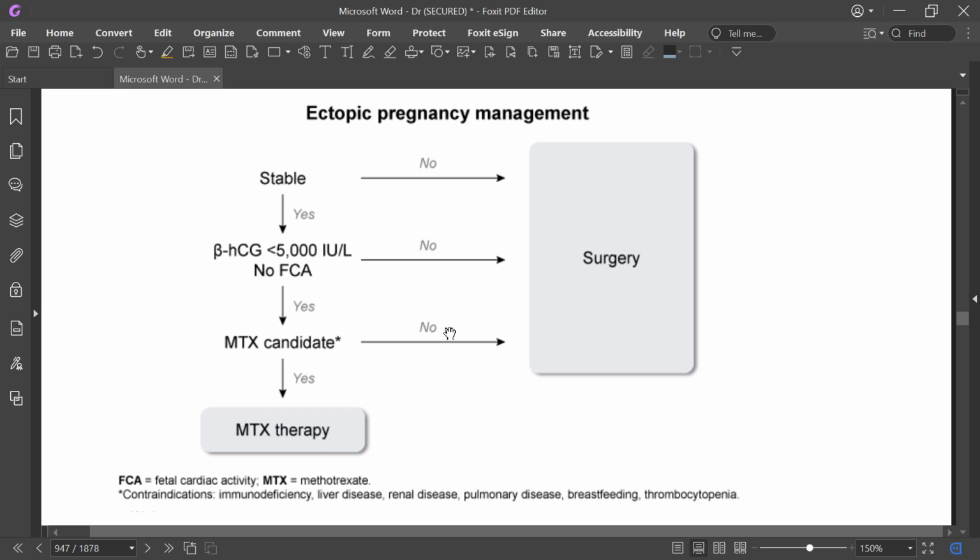If MTX candidate, yes, MTX therapy. If there is a contraindication, such as immunodeficiency, liver disease, or renal disease, then go for surgery. Stable, beta HCG less than 5000, no fetal cardiac activity, MTX candidate, no surgery is needed.